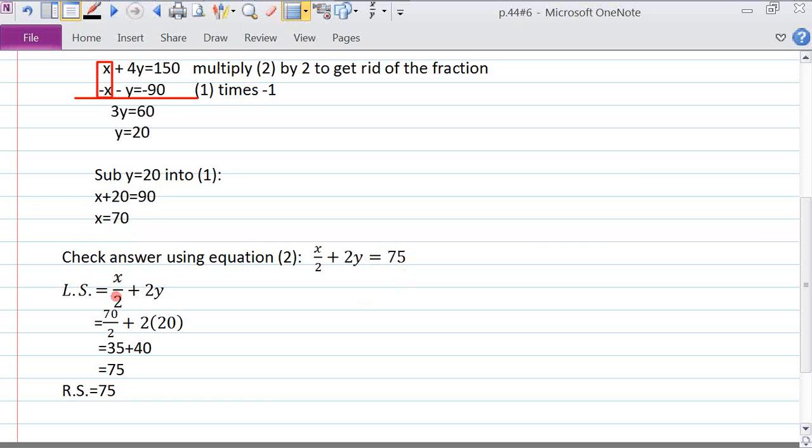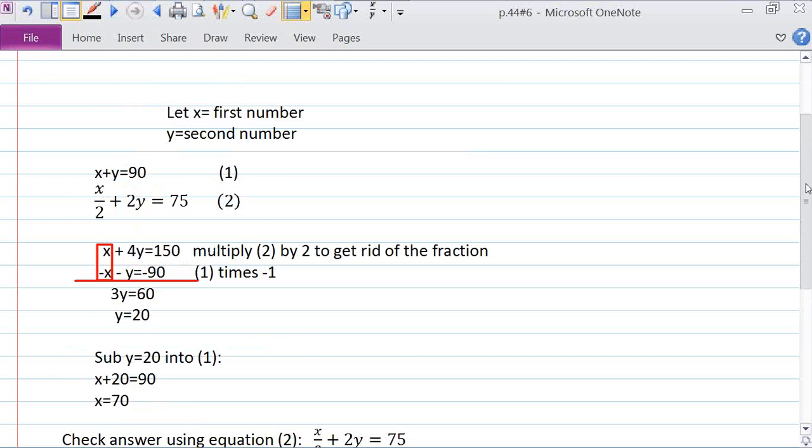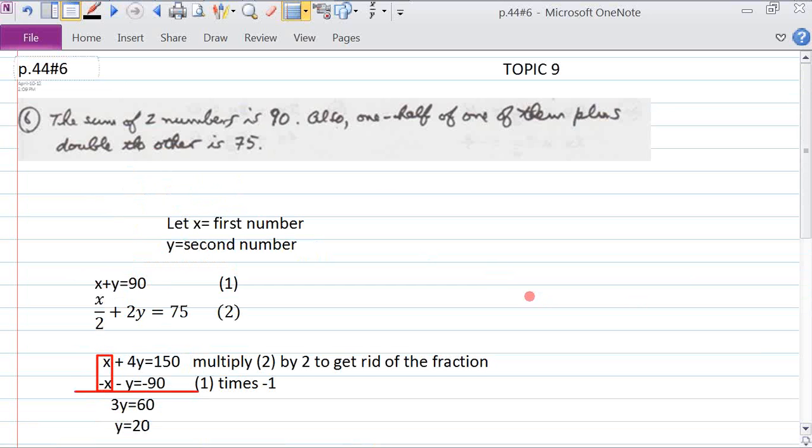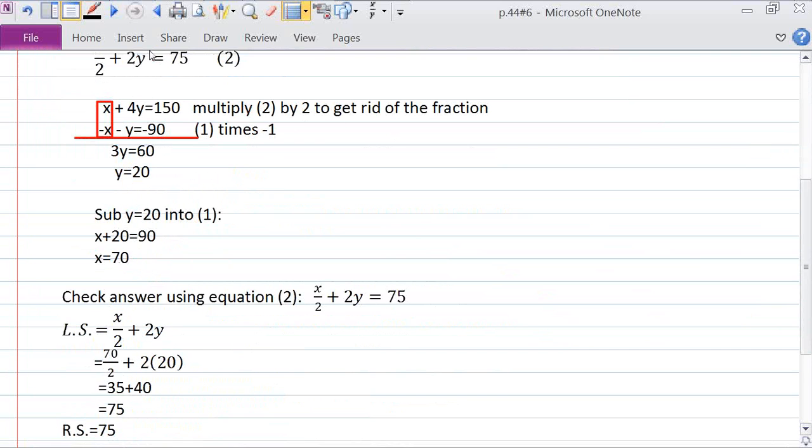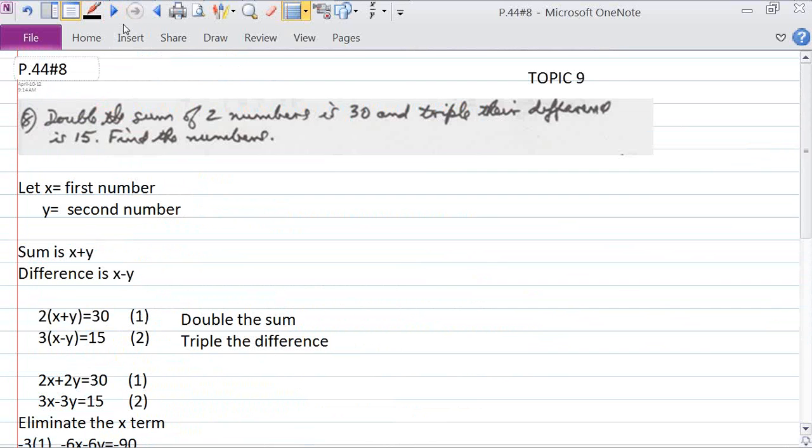We said x was 70. 70 over 2 is 35. 2y, y is 20, is 40. 35 plus 40 is 75. And if you look at the right side, it is 75. So we've shown the answers to this problem to be 70 and 20, and then checked the answer.